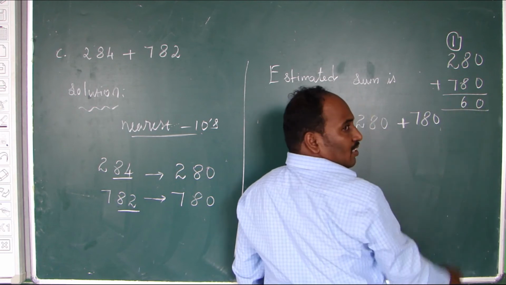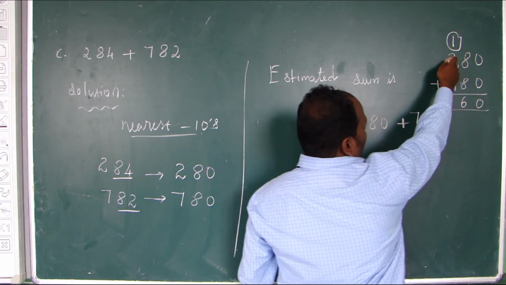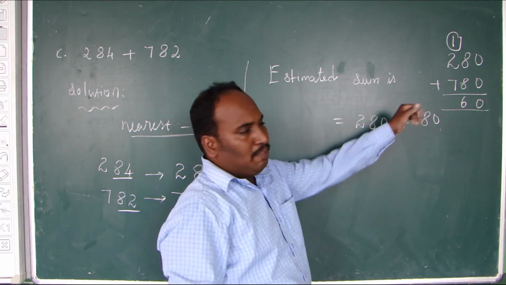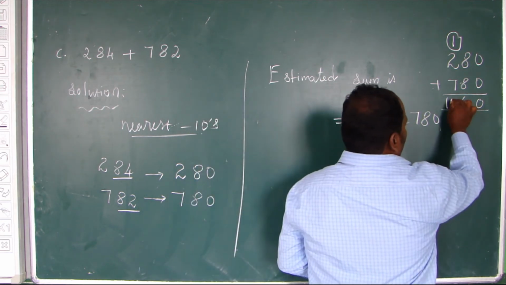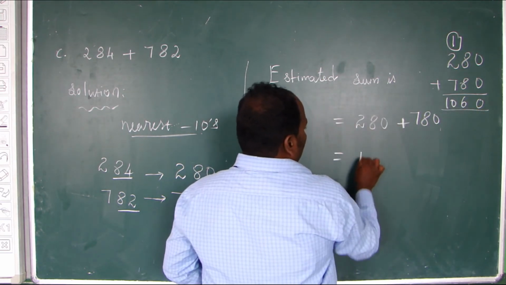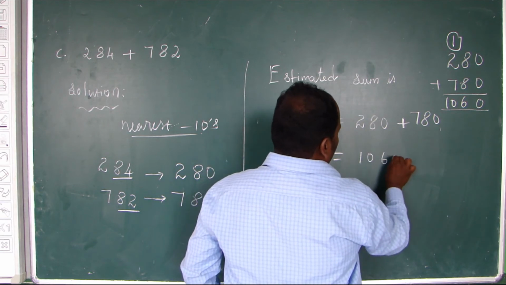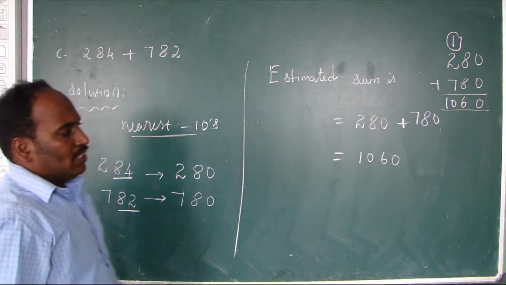We write the 6 and carry the 1. 1 plus 2 is equal to 3. 3 plus 7 is equal to 10. So our answer is 1060.